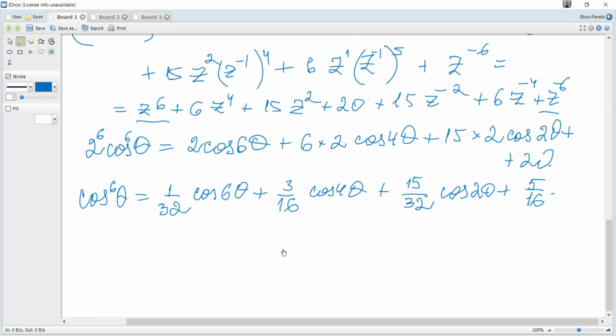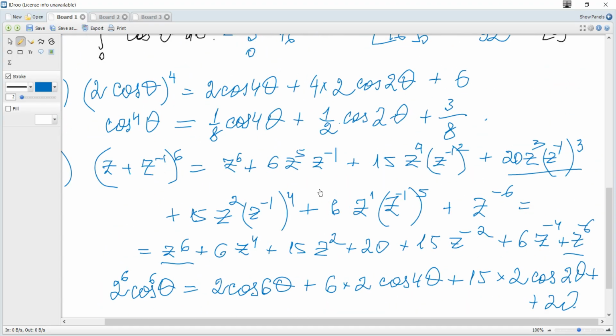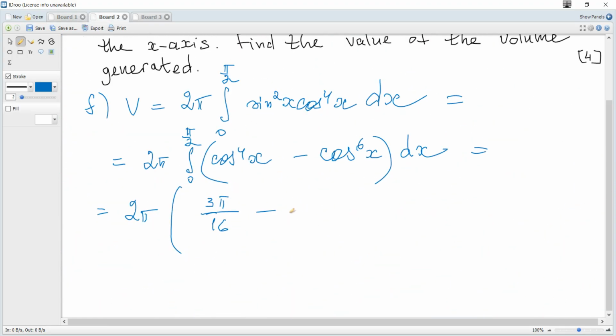It's 5 pi over 32. 5 pi over 32, and it's 6 over 32, so it's 2 pi, 1 pi over 32, so it's pi squared over 32.